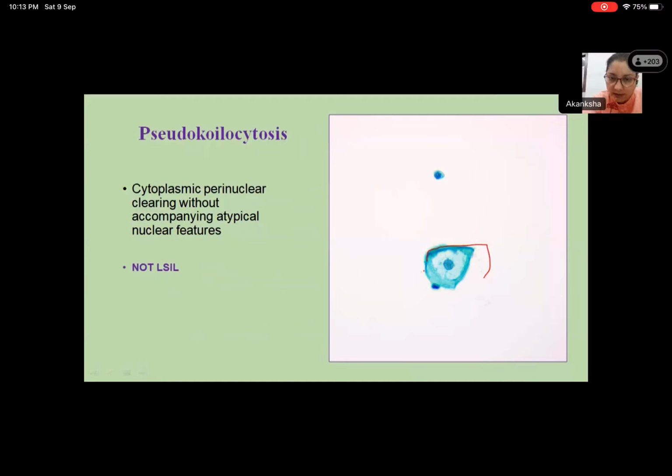Whereas the contour is not very irregular. So you can see that the nuclear membrane is regular, the chromatin is regular. So this is called a pseudokoilocytosis, and it should not be interpreted as LSIL. You should always look for the corresponding nuclear features.